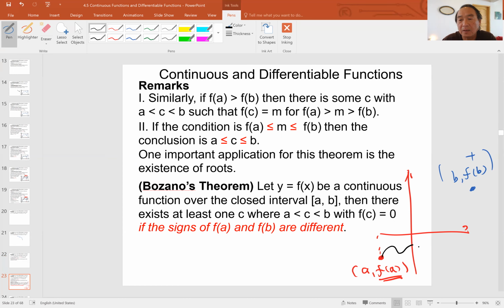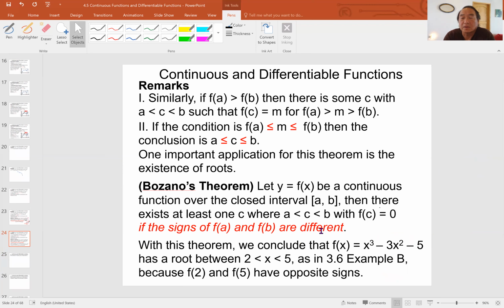No matter how you go, it has to cross somewhere, and that crossing point at the x-axis is the root. So there exists a C in between where f of C is 0 if the signs are different.